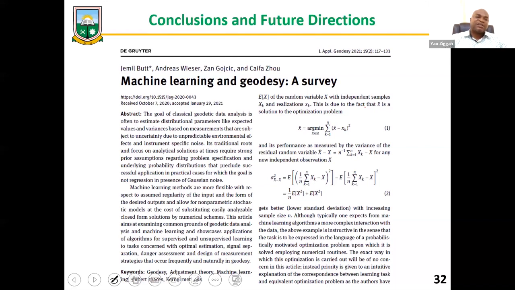So all these things that we are presenting is something that is going on. People are still researching into it, and students that have joined can take it up and also champion the use of AI and machine learning in the field of geodesy.